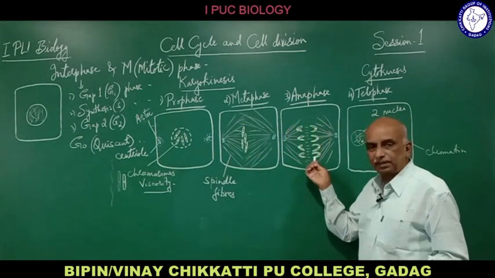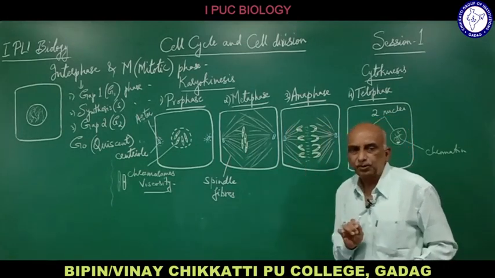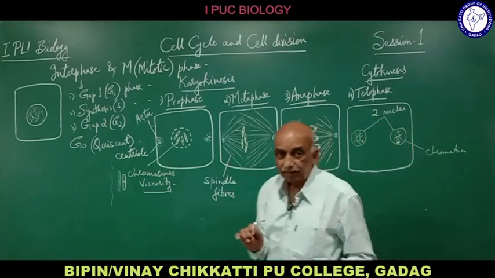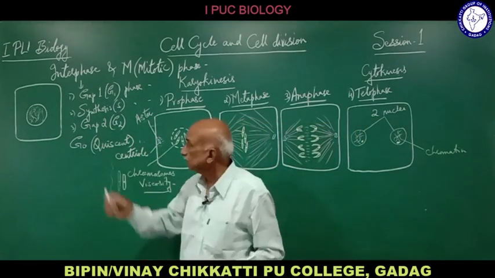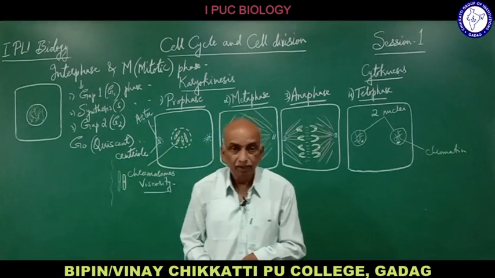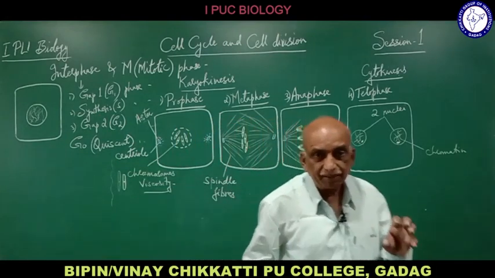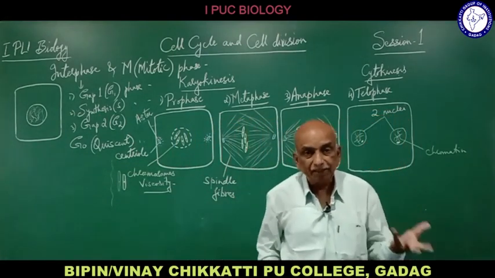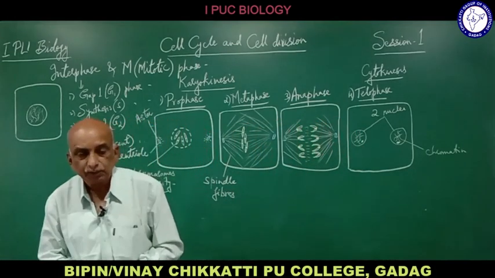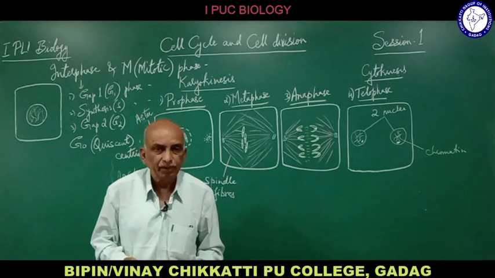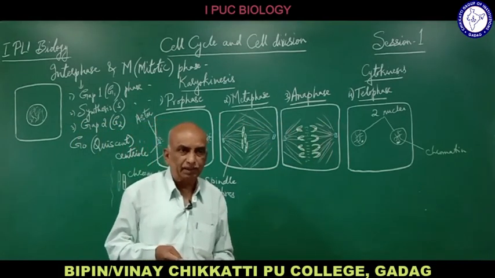Even after splitting, the chromosome will not decrease in size, because the amount of DNA has been increased during S phase. During S phase, we had mentioned that there is DNA synthesis, so the DNA increases in quantity, and duplication of the centriole of course also takes place.